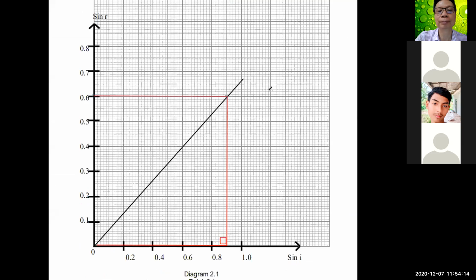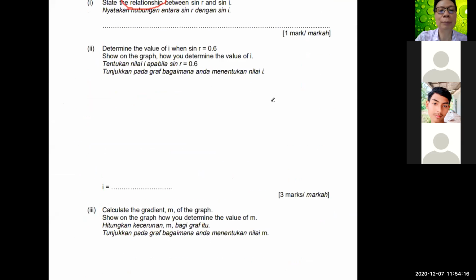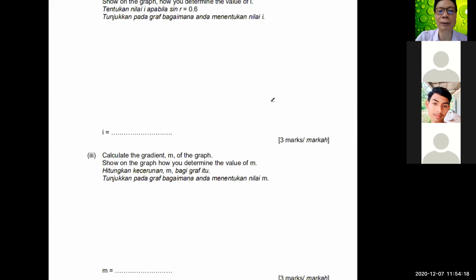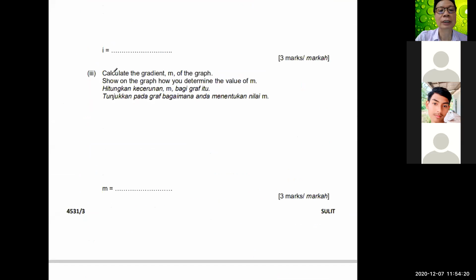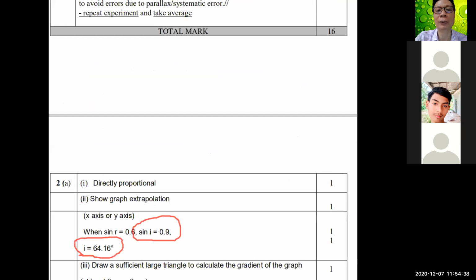Next one, gradient. Typical question, they ask for the gradient. Calculate the gradient of the graph. Then they say the same thing again: show on your graph how you determine it. You must show the triangle on your graph. Draw a big triangle like this one.